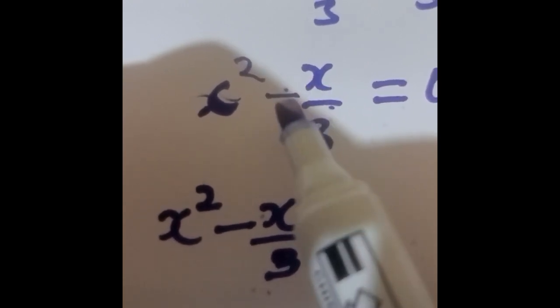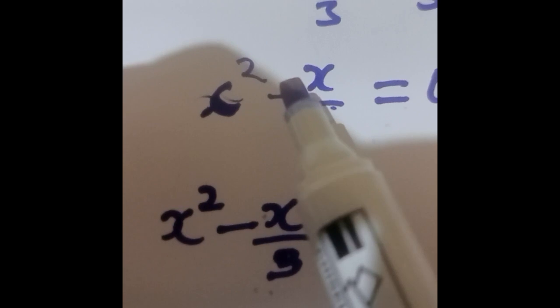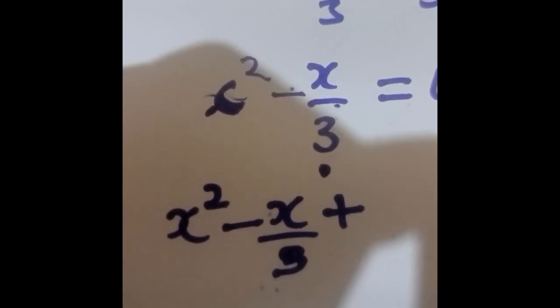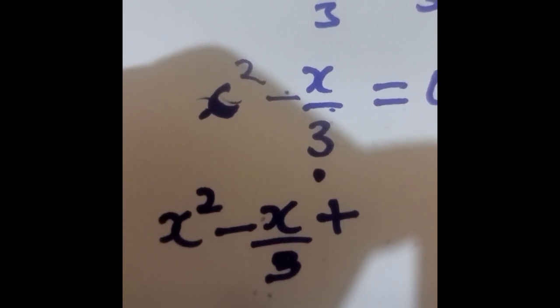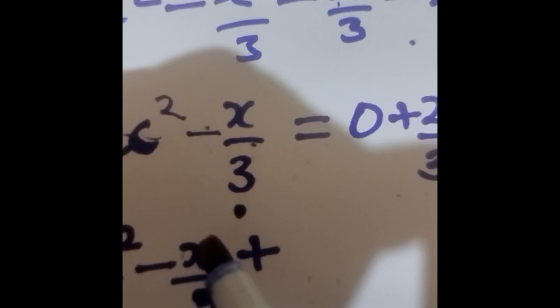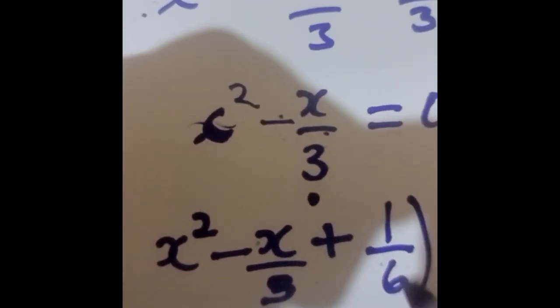The coefficient of x here is negative 1 over 3, or we can say 1 over 3. So half of 1 over 3 would be, correct, you're right, 1 over 6. So we take half of 1 over 3, which is 1 over 6, and square it.